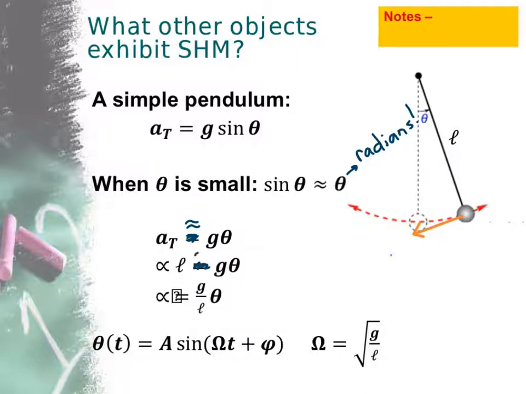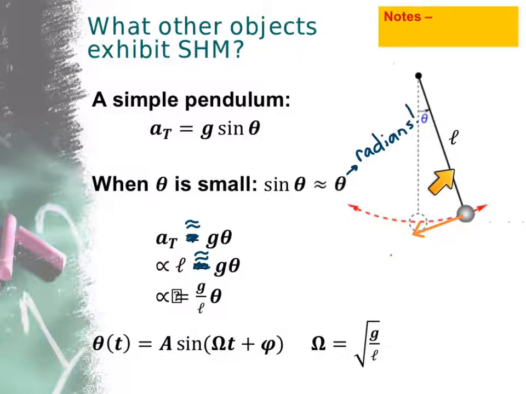Now, if you remember way back in Unit 5, we know that tangential acceleration is equal to alpha times the radius of the circle. Alpha is the angular acceleration. It's the acceleration of this angle theta. L is the radius of the circle, right?